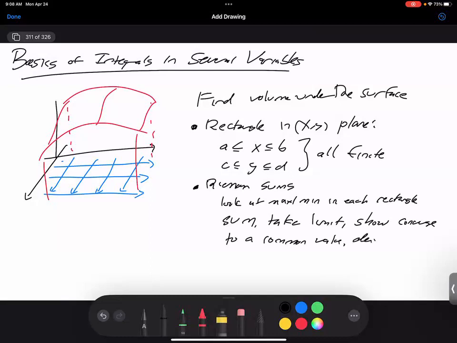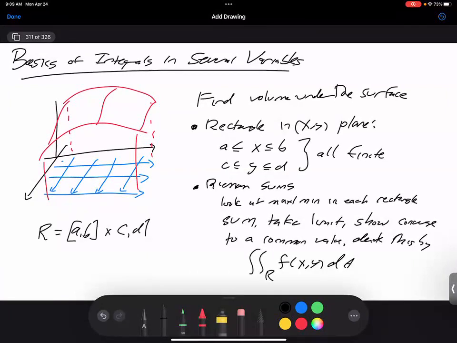And we denote this by the integral over R of f of x, y, dA. Here, R is the rectangle [A,B] cross [C,D], which means all points x, y where x is in [A,B] and y is in [C,D].